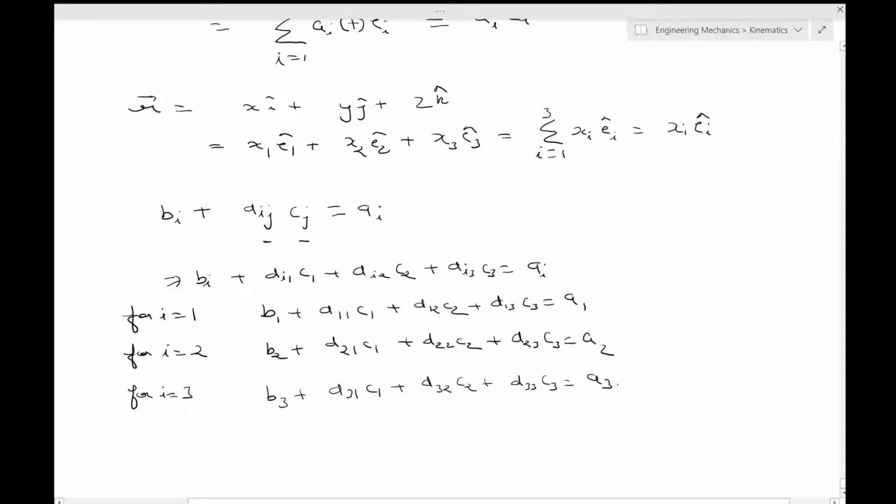So over here i is a non-repeated index, it's also called a free index. And j is a repeated index, and it is called a dummy index.